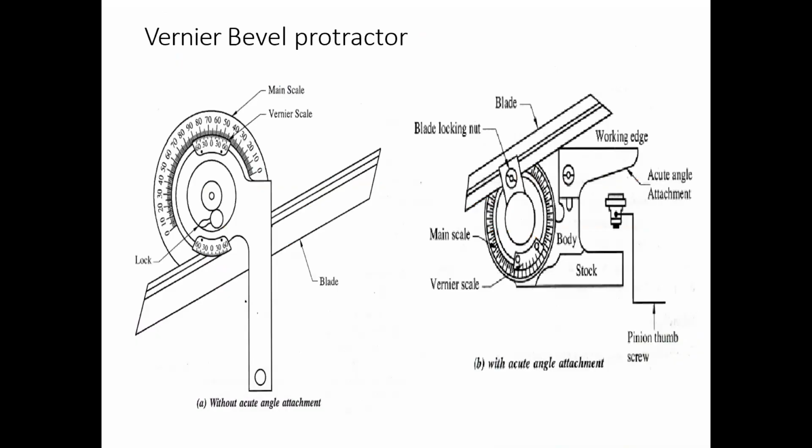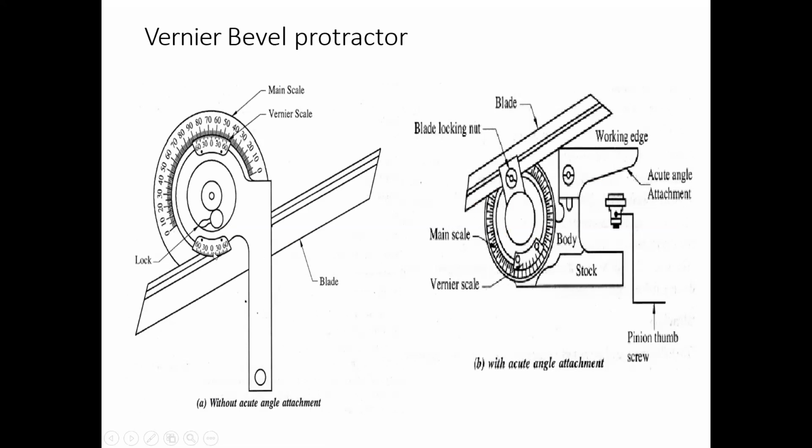Coming to here, these are the different elements in the bevel protractor. If you observe clearly: main scale, vernier scale, the complete body of the instrument, and this is the stock or base plate. And this is the working edge. Working edge means this is an acute angle attachment. In order to measure acute angles, you use this special attachment called the acute angle attachment.